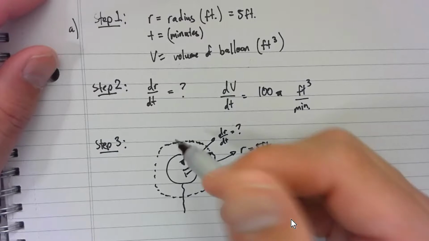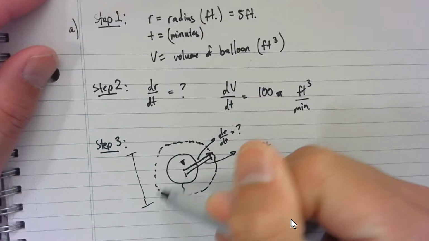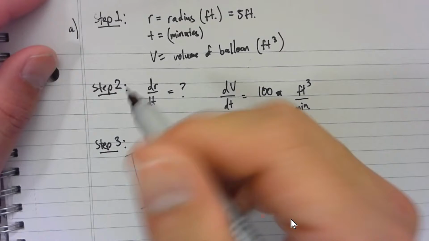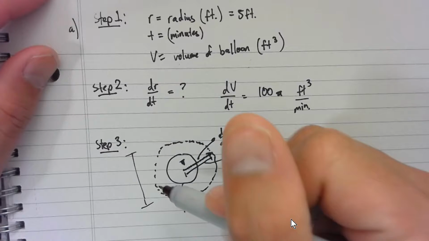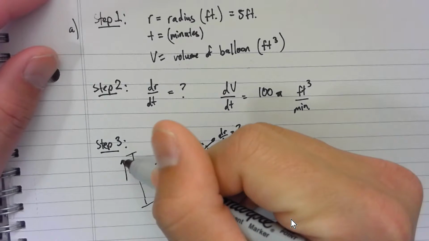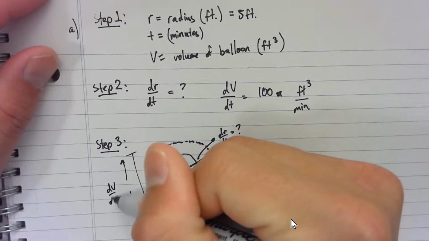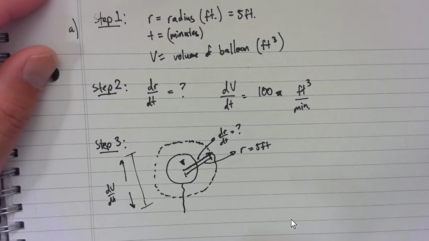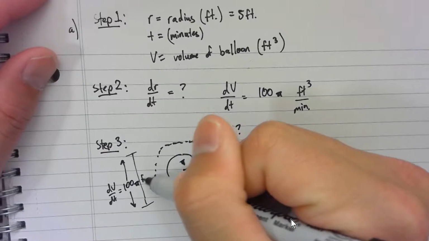But in general, not just like the height, but the whole thing, in which the volume is increasing, right? We're looking at dV/dt. And we're looking at it at the instant when the rate of the increase is 100 pi feet cubed per minute.